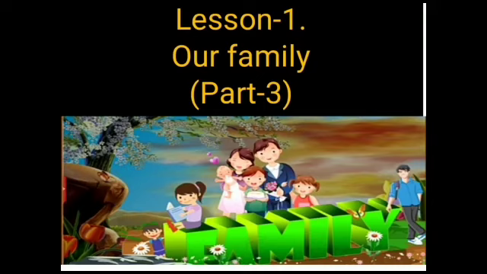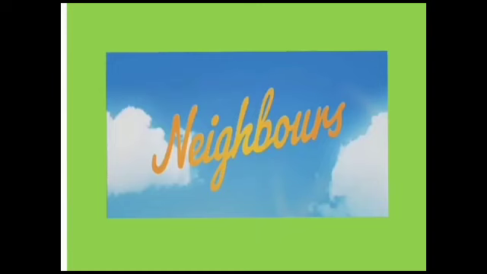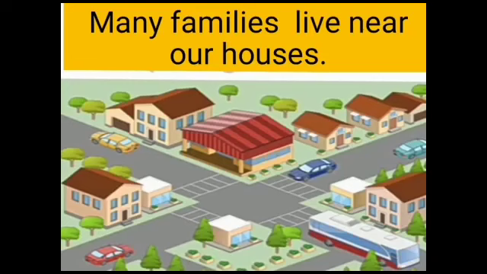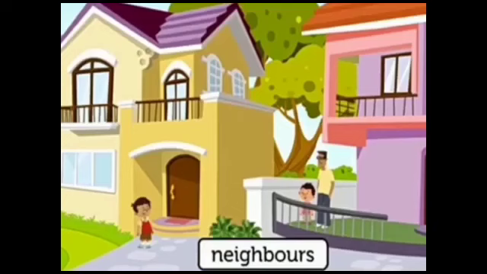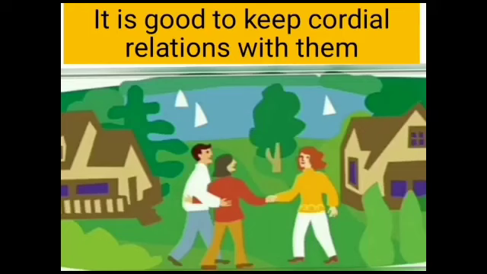Now, in the third part, we are going to see about the neighbors. Who are our neighbors? Many families live near our houses. We call them neighbors. Neighbors. It is good to keep cordial relations with them.